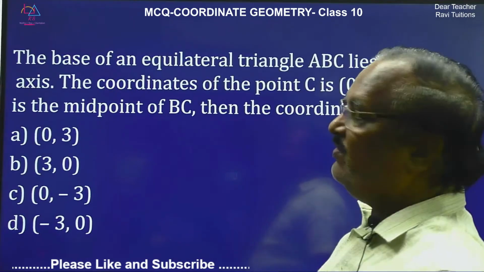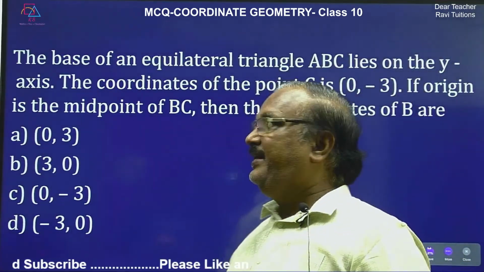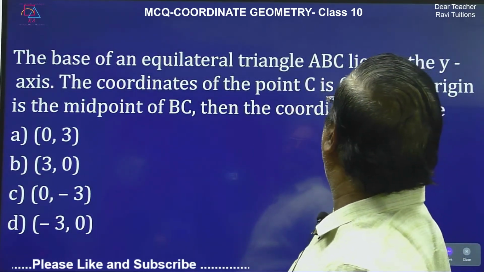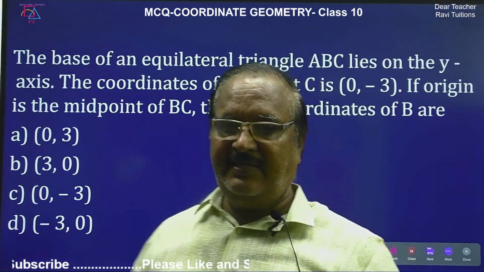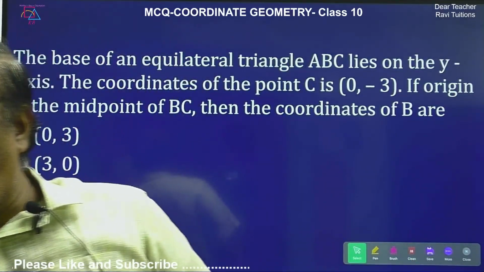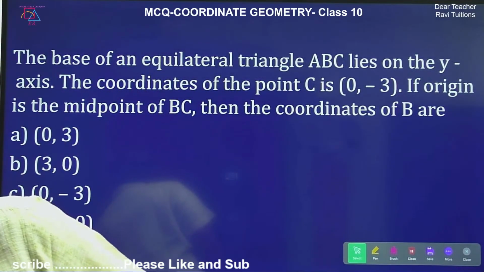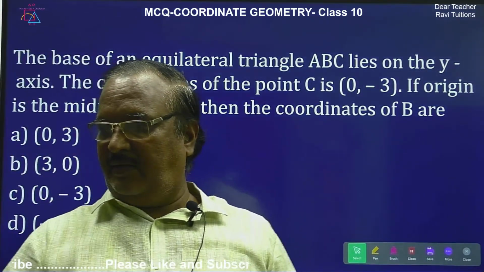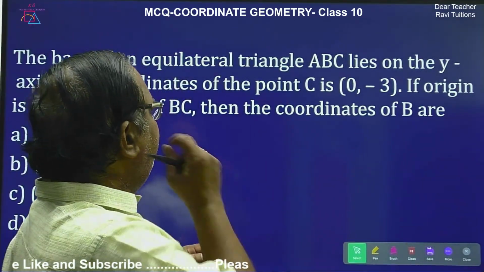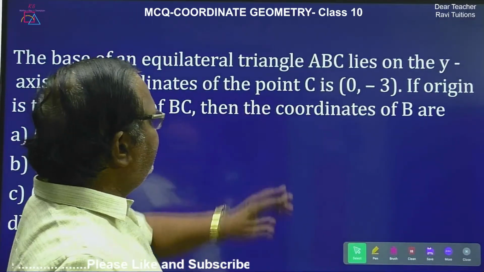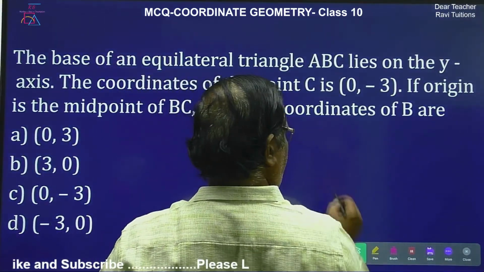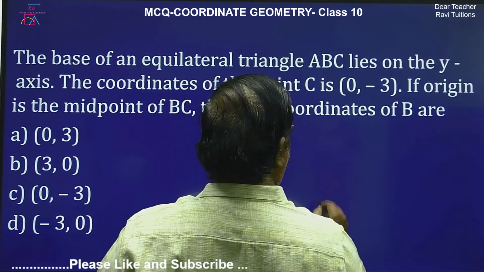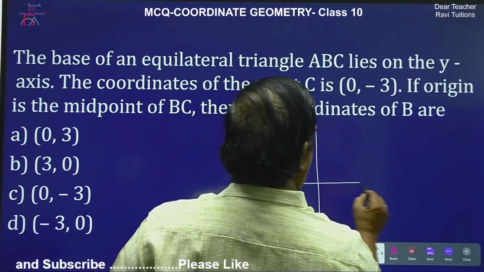Base of an equilateral triangle ABC lies on y-axis. Okay. So then the coordinates of C. So let us draw y-axis and x-axis.